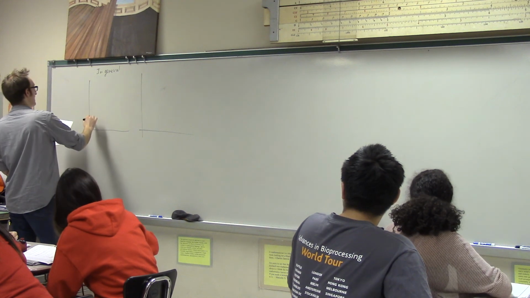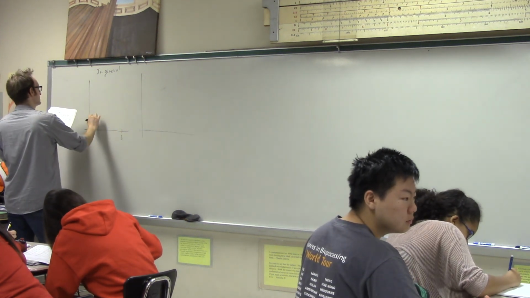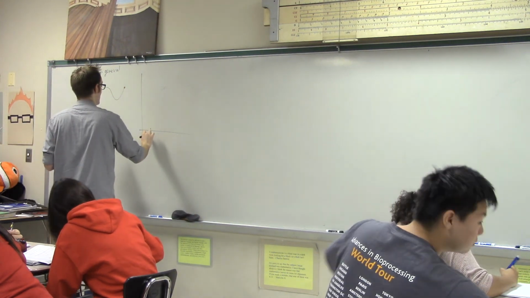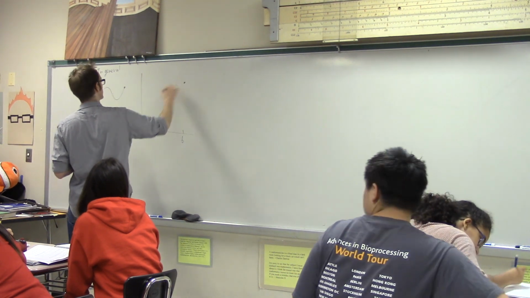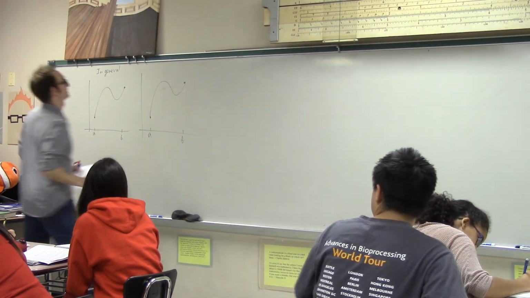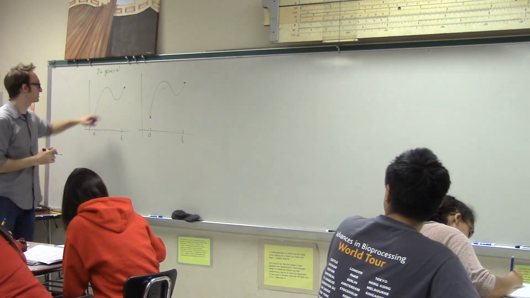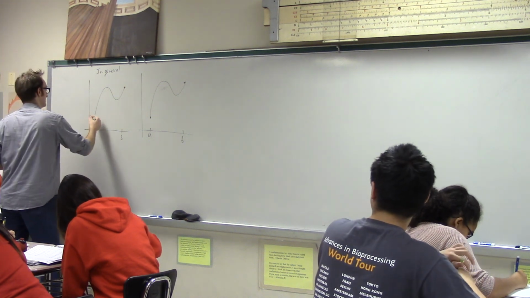So suppose you have some function, and you want to know the area underneath this function from A to B. I'm going to try to draw the same function twice. That looks roughly the same. Okay, so we want to know the area under this curve from A to B. So first I'll lightly sketch it in green.